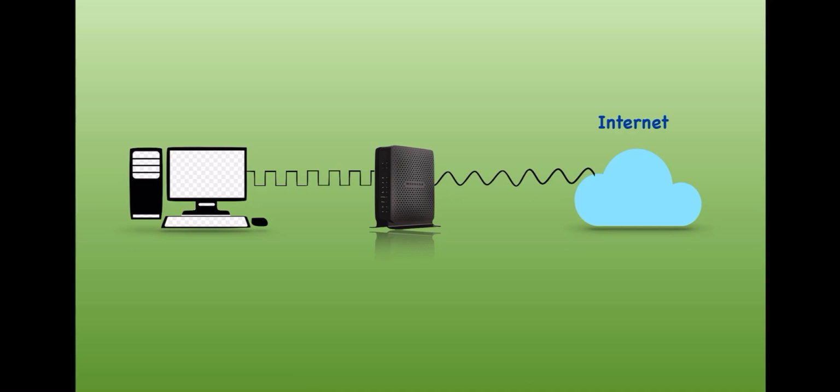Analog data comes in from the internet, and the modem demodulates the incoming analog signal into a digital signal so that a computer can understand it. A modem also modulates the outgoing digital signal from a computer into an analog signal as it goes out on the internet. So this explains the word modem, M-O-D-E-M: modulator and demodulator, as it does both modulation and demodulation.